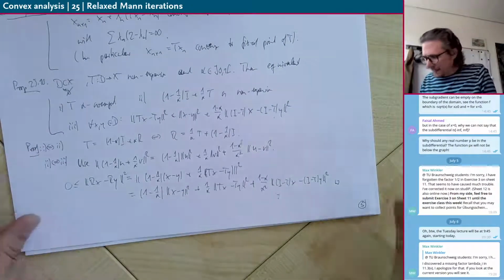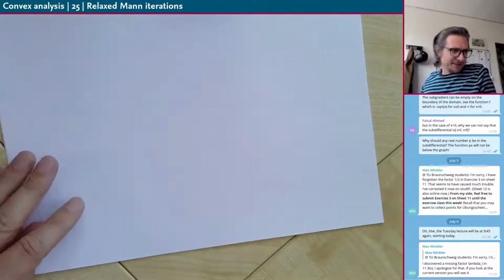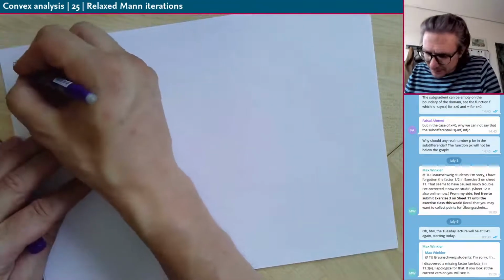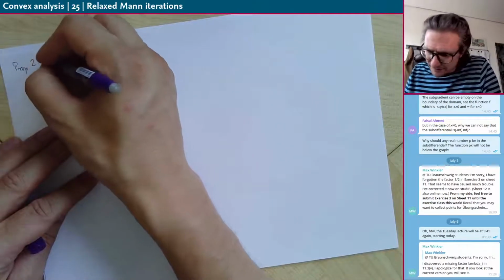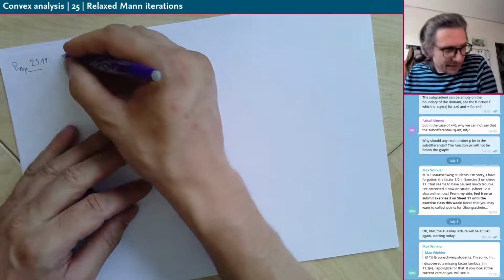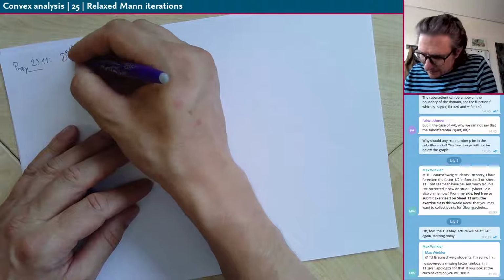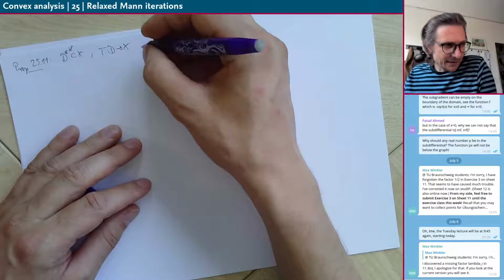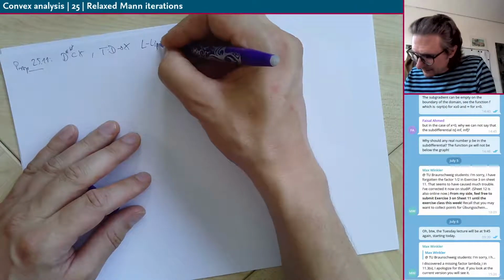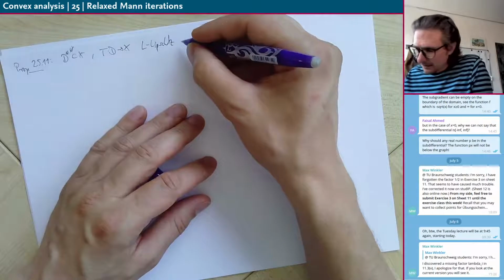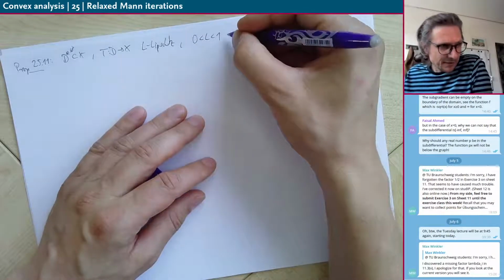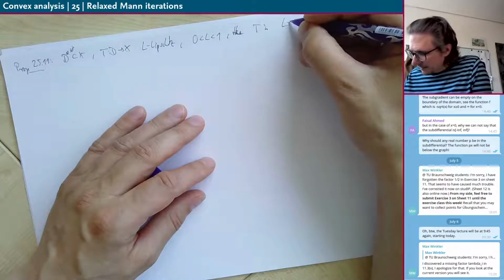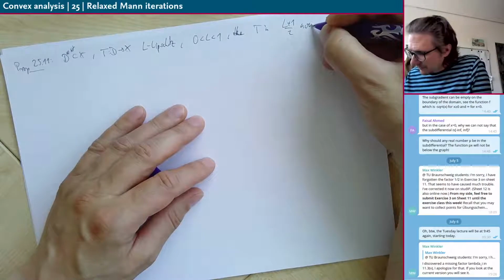So the last thing I wanted to show you is about Lipschitz continuity. The following proposition says: if T from D to X, with D a non-empty subset of X, is L-Lipschitz, so really a contraction, then T is even (L plus 1) over 2 averaged.